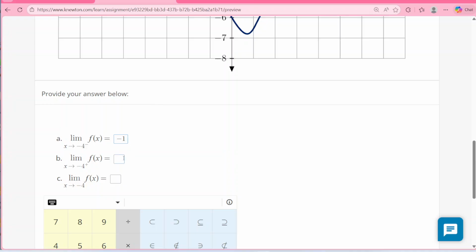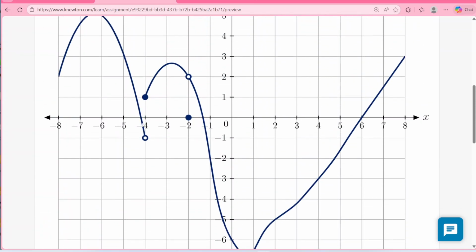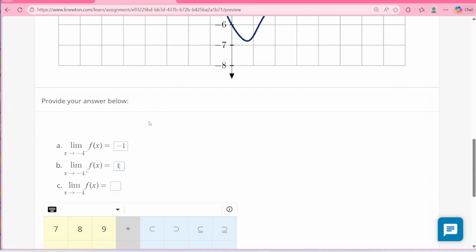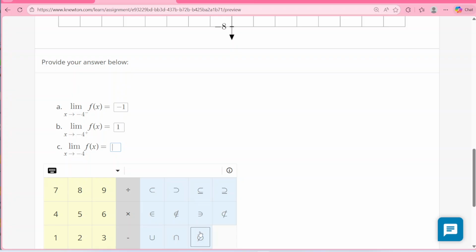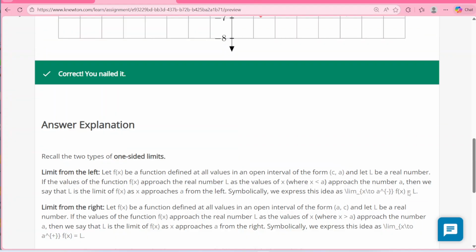So the right side limit is positive 1. And then once again, like some other problems earlier, the left side limit, negative 1, right side limit, positive 1, so the two-sided limit doesn't exist. They're not approaching the same exact location. So again, the empty set symbol here.